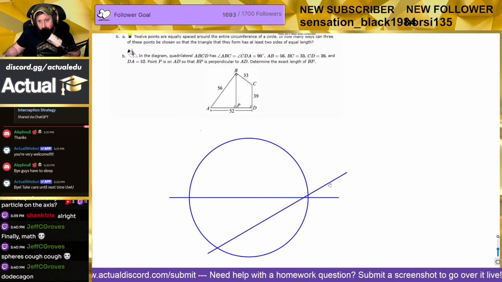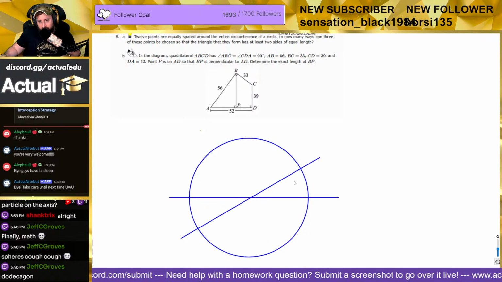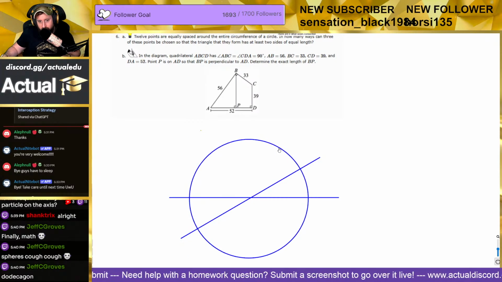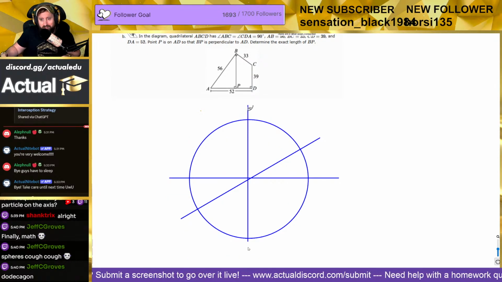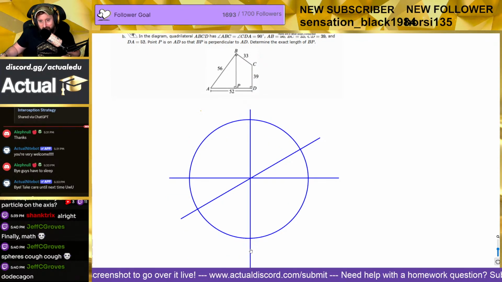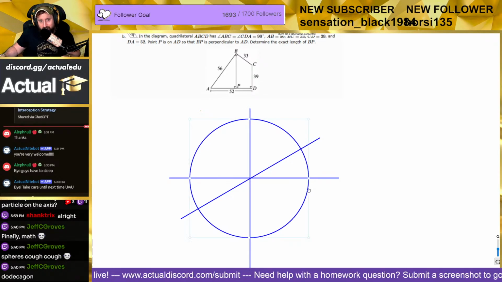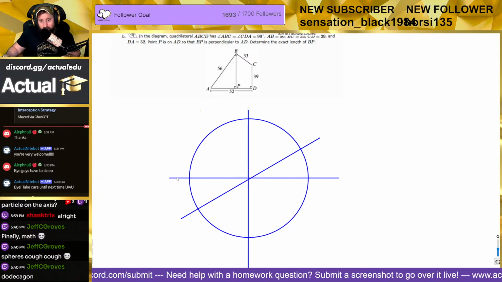So kind of like this. Spheres, cough, cough. He's like, I'm a spheres man, dude. Don't associate me with that. I want to get this perfectly right. I want this to look perfectly balanced.